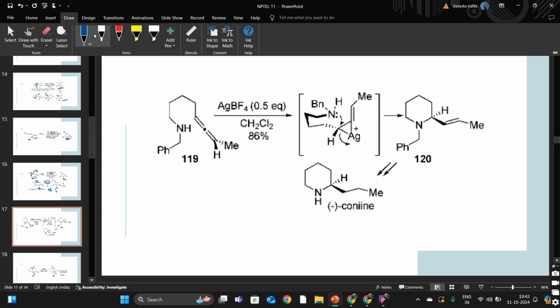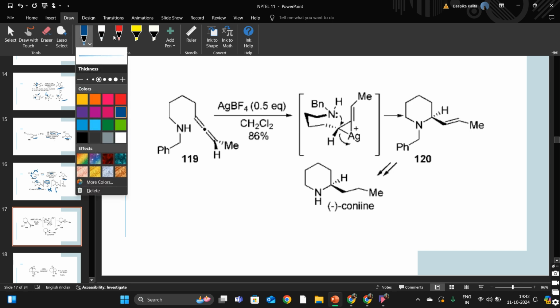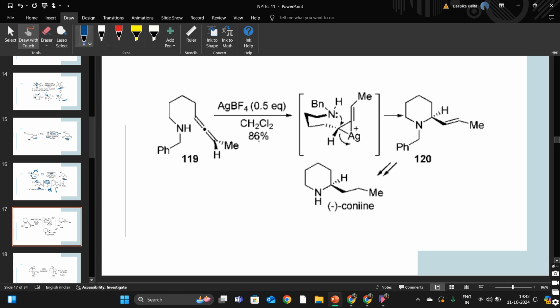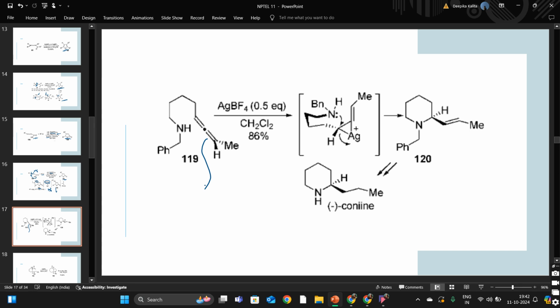So what will happen, again this particular bond will be activated by silver. Okay, and we are going to get a three membered intermediate of this kind. This is basically the transition state of this reaction.